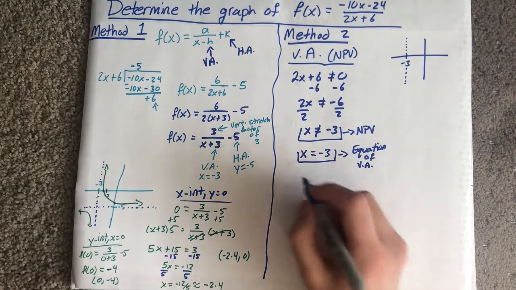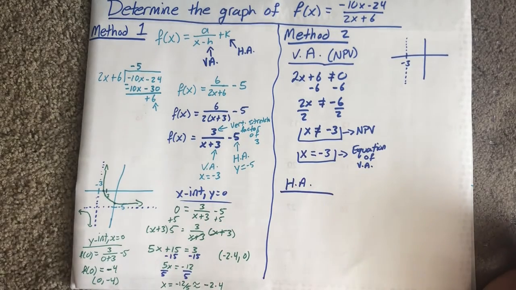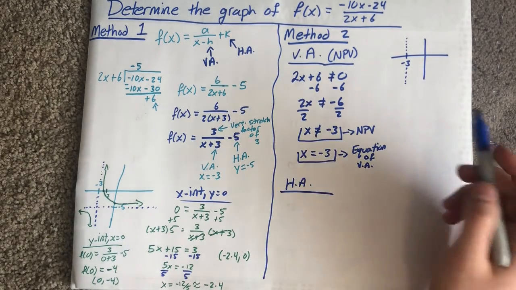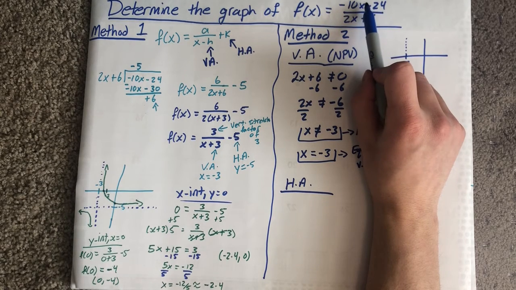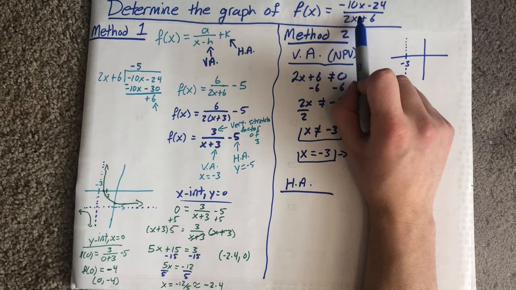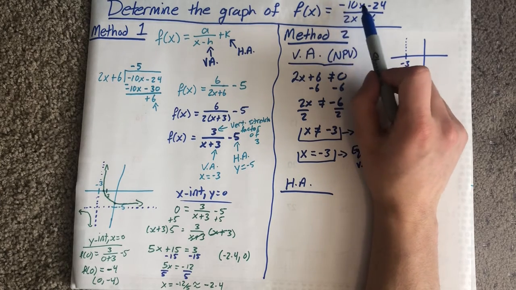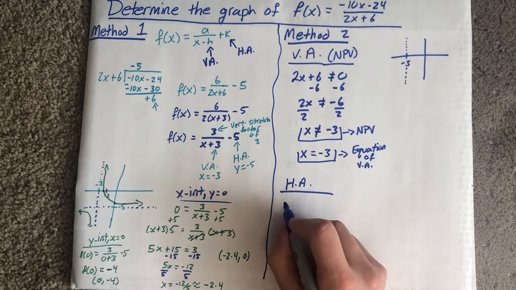Now, how do I find my horizontal asymptote? You have to use the 3 cases. In this case, your numerator's largest exponent is the same as the denominator's largest exponent, which is both 1. So you're going to take the leading coefficients and find that fraction.